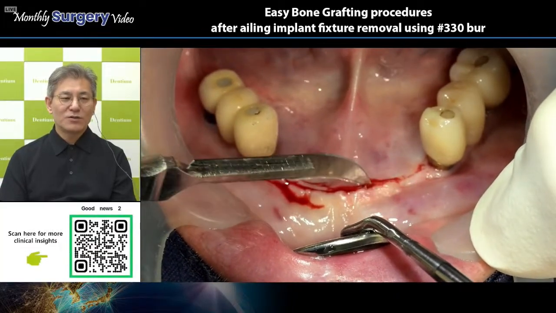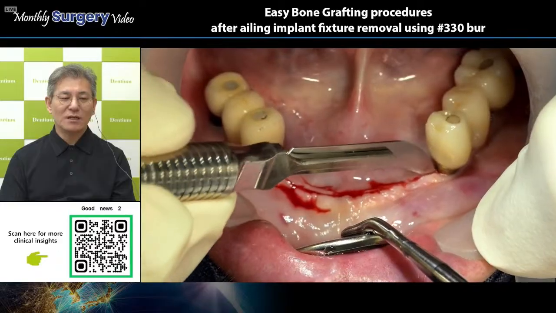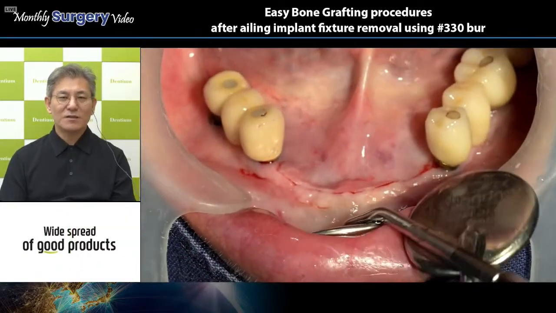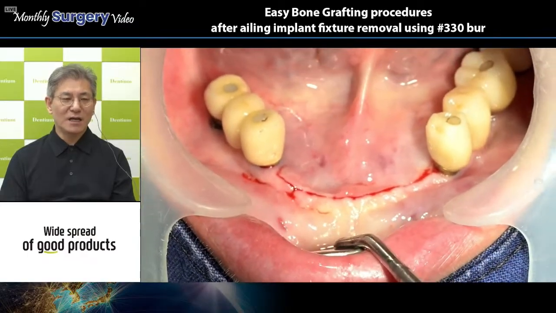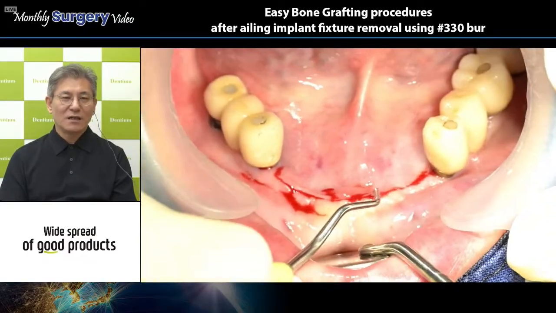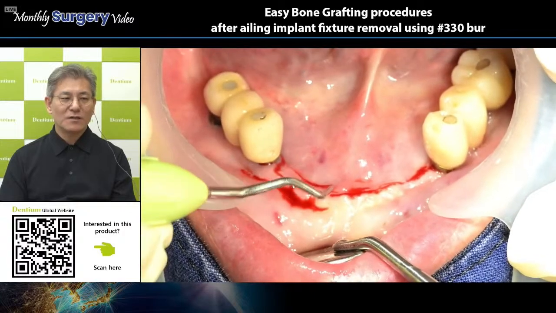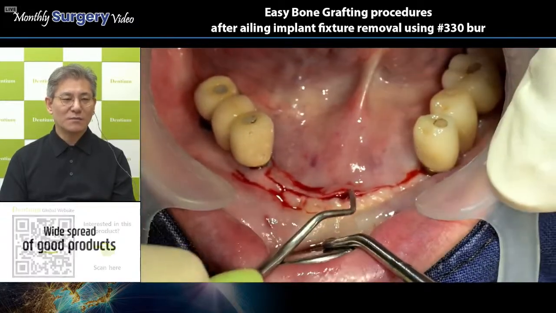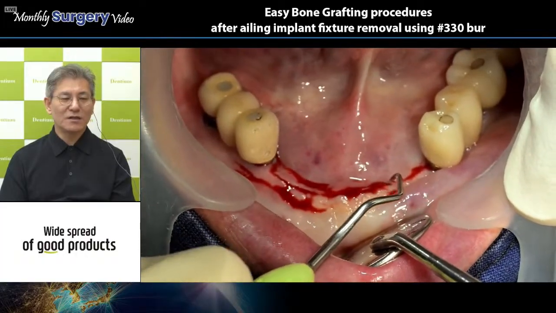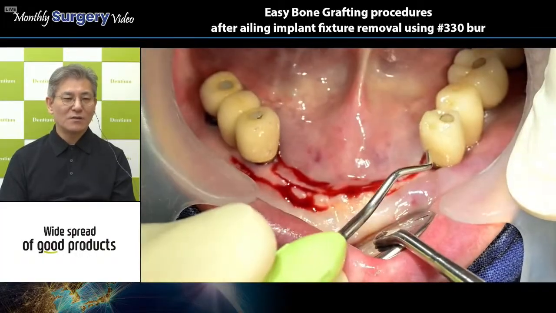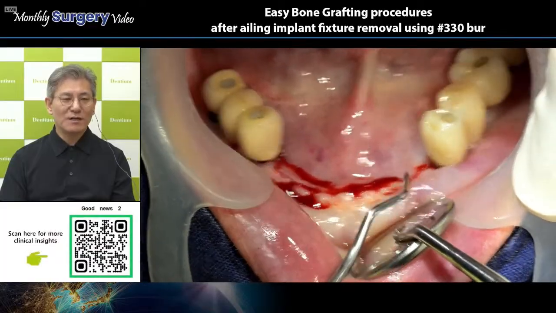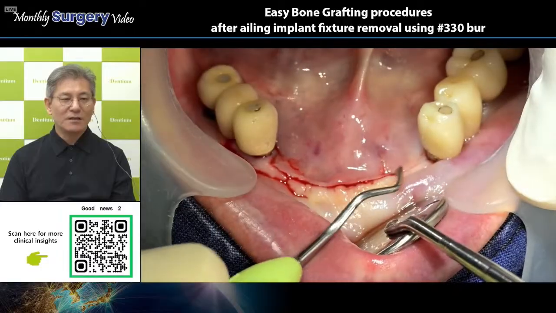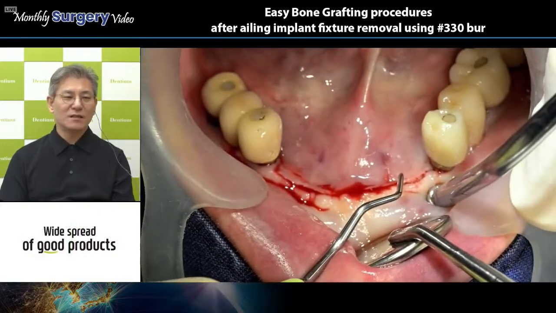Why? In the upper jaw, especially the posterior maxillary area, the palatal soft tissue is thicker than any other soft tissue zone, especially compared to the buccal area. As you know, the palatal soft tissues are thicker. So the crestal incision is deviated almost 2 millimeters toward the palate.